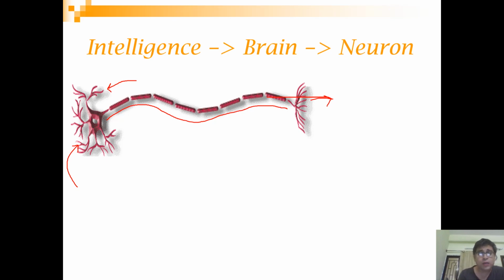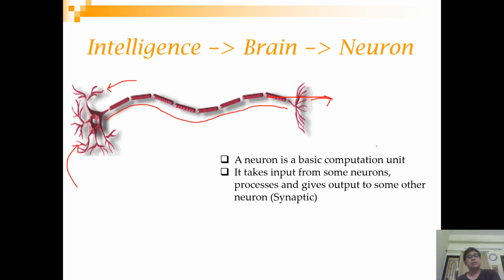So you can abstract it and say it is a basic computation unit which takes input from some neurons, processes it, and gives output to some other neuron. Now one thing is that the inputs can come from different neurons.